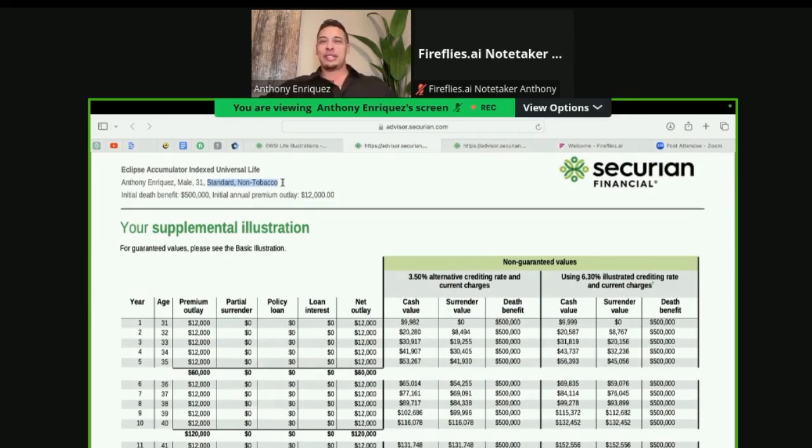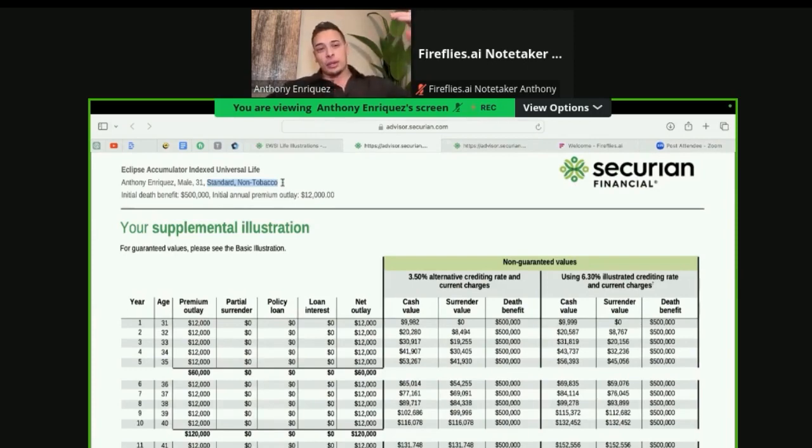Standard is going to be average health. Most insurance companies are pretty lenient with what they accept as standard as far as current health qualifications here in the United States, because we don't have the best dietary system, and I don't want to get off on a tangent, but they're pretty lenient on what they qualify for standard.